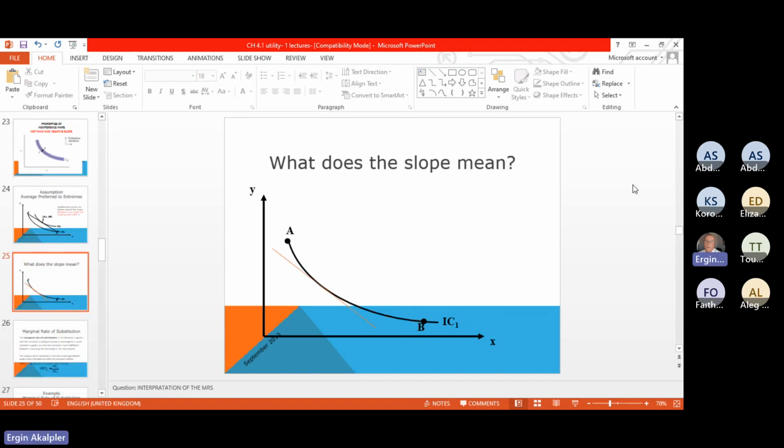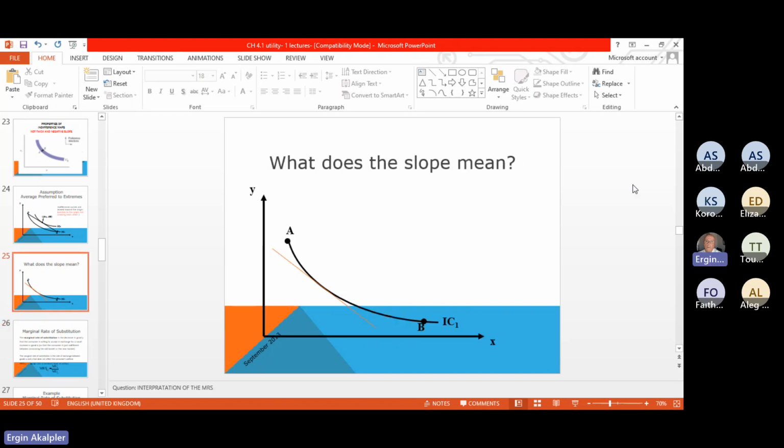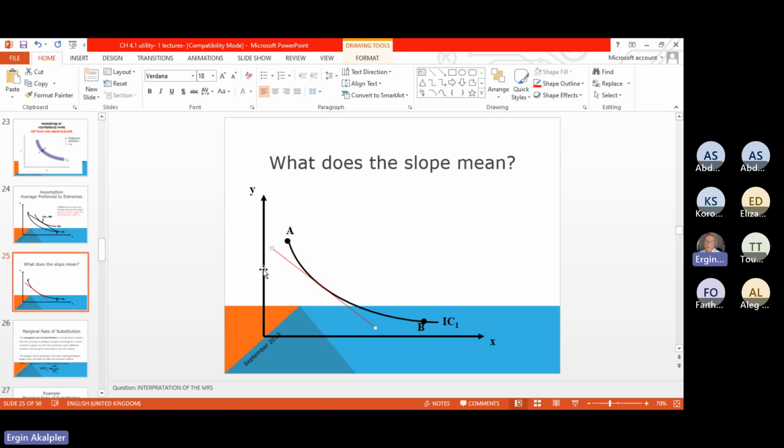What does the slope mean? Slope means when it is tangent, when the budget line, as you see, there's a red line here. If this budget line is, let's say, tangent to this curve, we may say it is the optimal bundle.